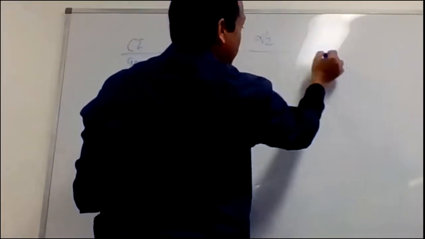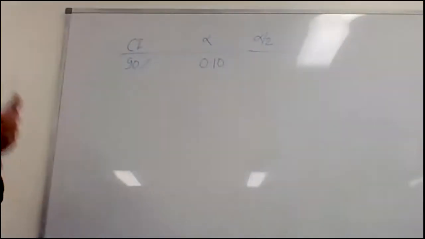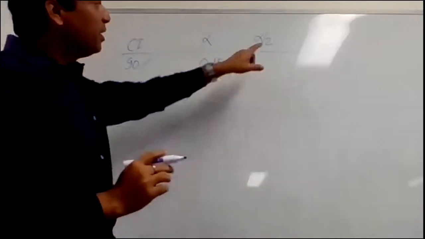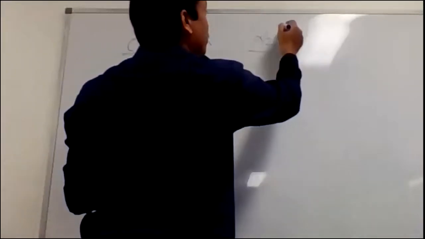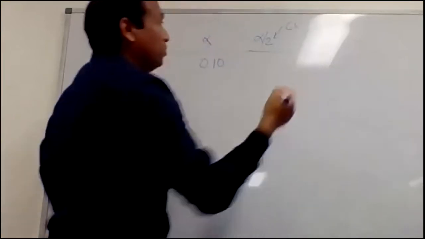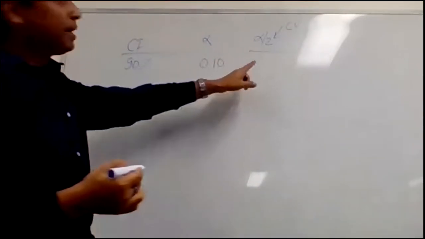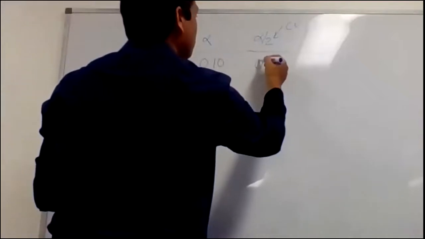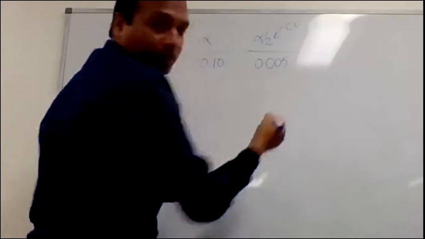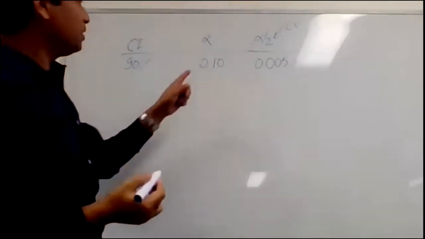In the case of calculating the confidence interval, the critical value is also known as alpha by 2. This is the critical value. So what will alpha by 2 be? It will be 0.05.